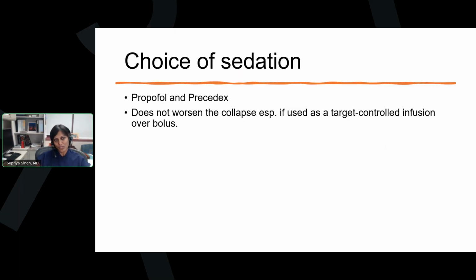So our go-to medications are typically propofol and Precedex, and propofol is what we prefer because, as you know, Precedex doesn't have an impact on the respiratory or the upper airway. Things don't collapse, so falsely, things are not collapsing, and we really can't figure out if there is collapse or not. Hence, propofol is what we use. Once again, it's a target-controlled infusion, and we do not do bolus because we do not want things to be falsely collapsing.